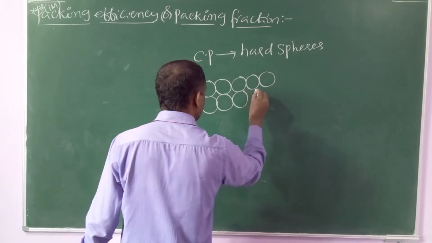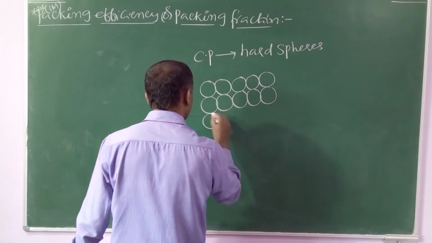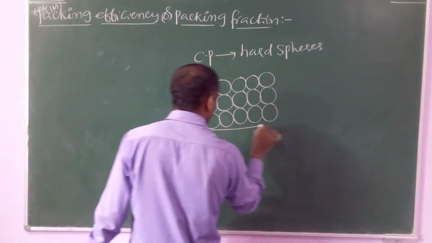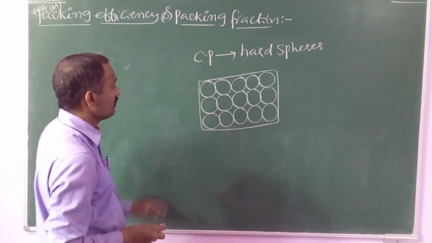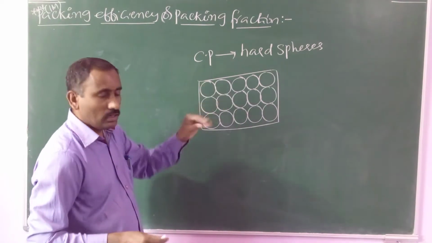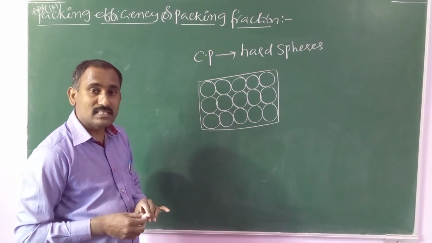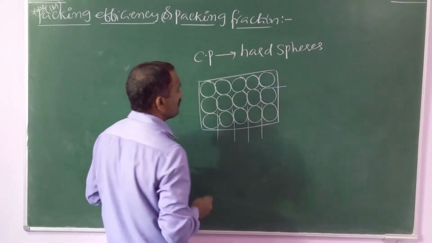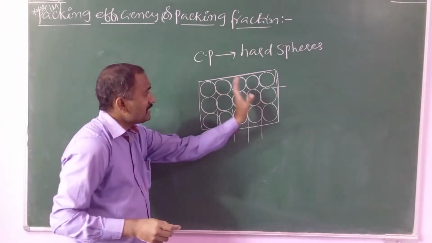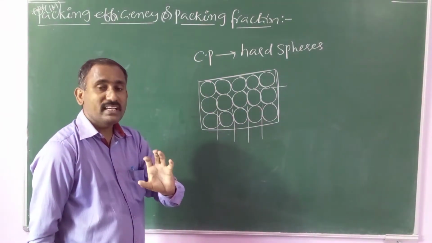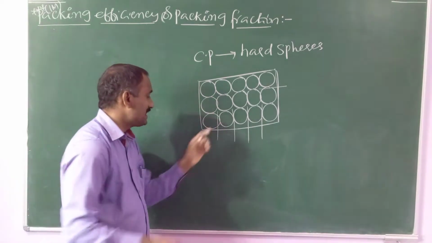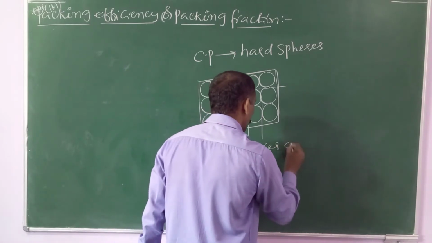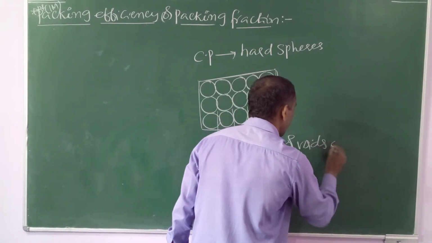Even though they are closely packed, in the total space, the full space is not occupied by the spheres. Here some empty space is there, here also, here also, here also. Some empty spaces are there. Those empty spaces, as we studied in the last class, are also known as voids or holes.